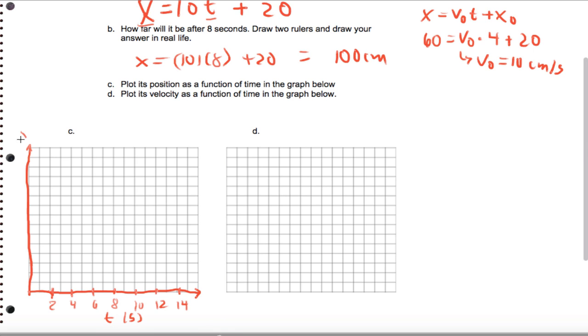And then we also have position in centimeters, and I'll label this position versus time. Awesome. Now here, let's just count. So we'll say 10, 20, 30, 50, 60, 70. You know what? I don't like that. We're going to say this.